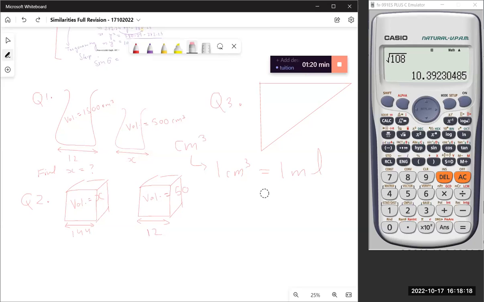Now, 1 cm cube is 1 ml. These are the units, so forget them. Those are called centimeter cube, which is equal to 1 ml.